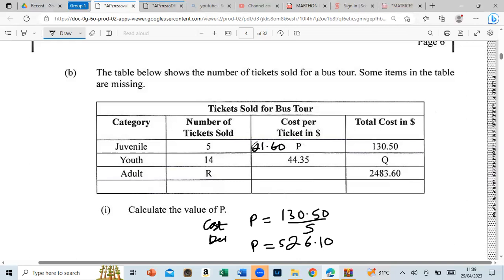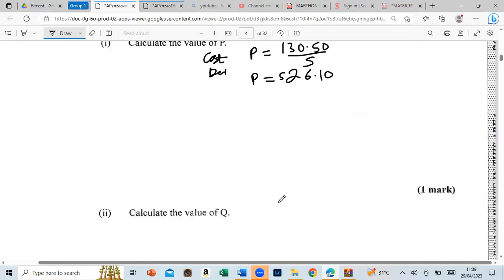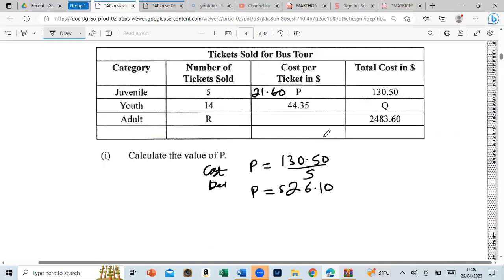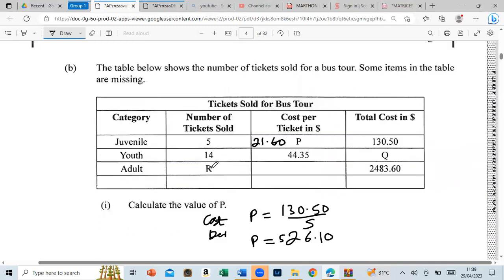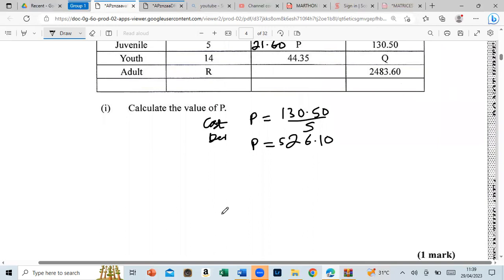I'm just going to put it in the table. Now they ask for the youth, which is Q. We can find Q since we know the number of tickets sold was 14 and the cost was $44, so all we have to do is multiply 44 by 14. This is pretty straightforward.